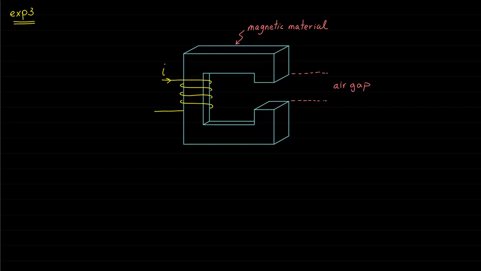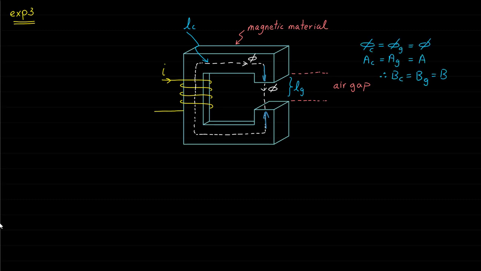The first assumption is that all magnetic field lines are confined to the medium, and the second assumption is that the magnetic field lines are uniformly distributed within the mediums. Based on these 2 assumptions, the magnetic field lines phi and the magnetic field density B within the magnetic material and the air mediums are equal.